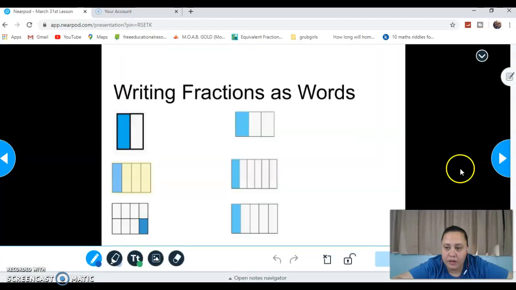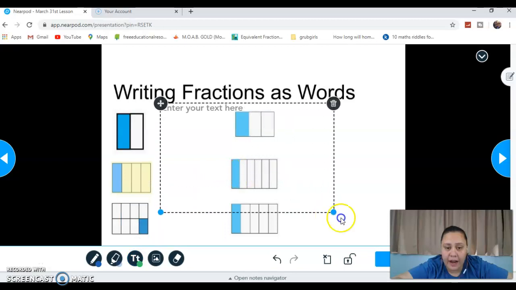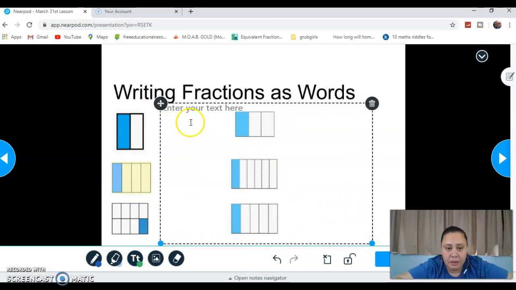And the last thing I want to focus on, and this is what I want you to pay attention to today, because this is what's on the practice, is practice writing your fractions, not just giving me numbers, guys. So when you do your independent worksheet, make sure you read the directions. I want you to use your words and write out the fraction. So I'm going to have a text box here.